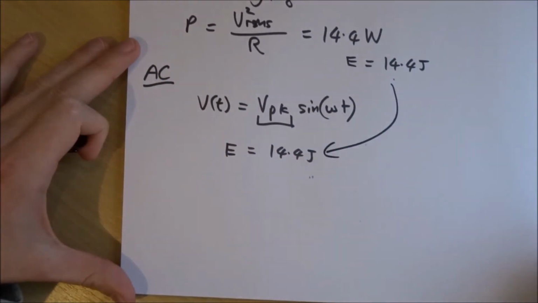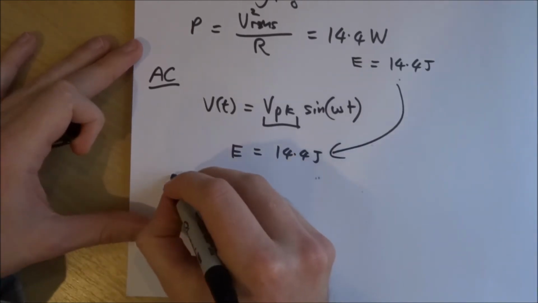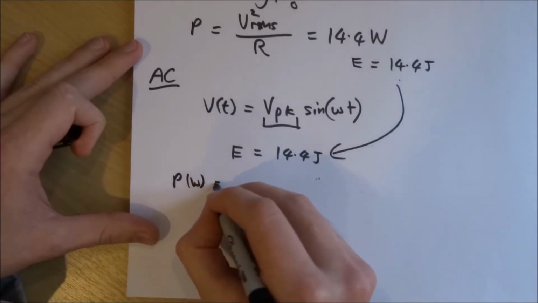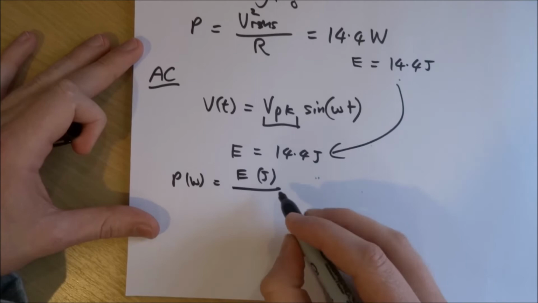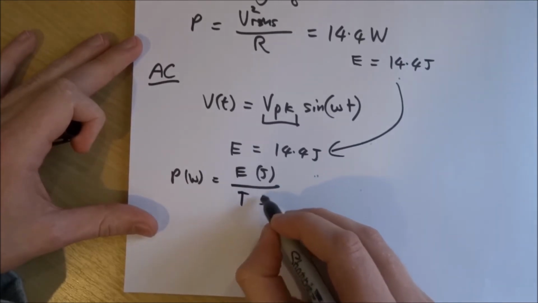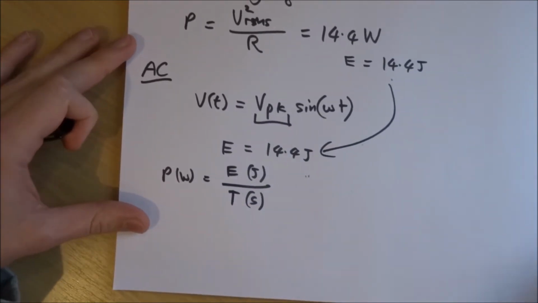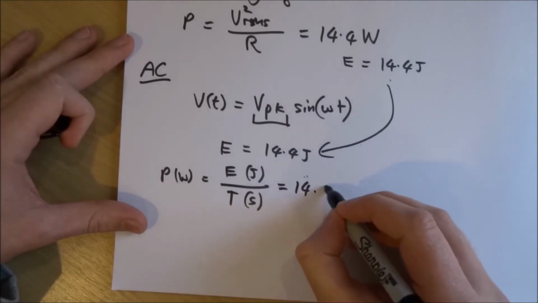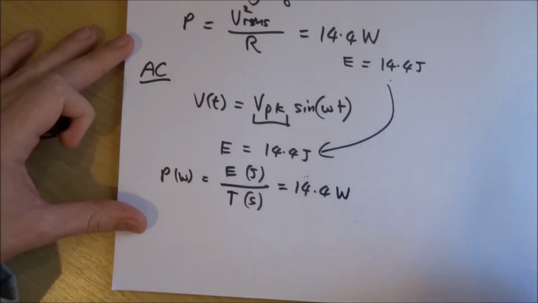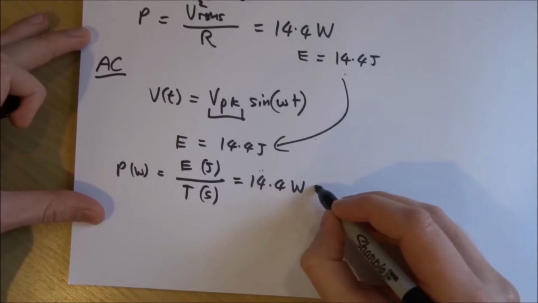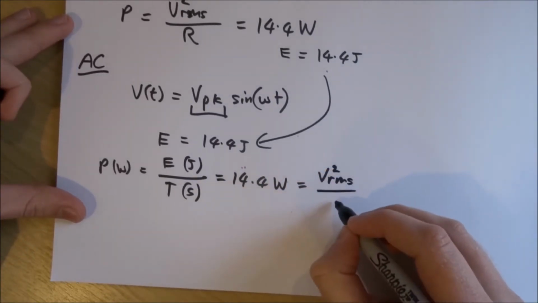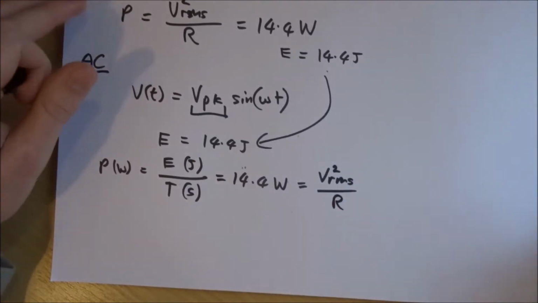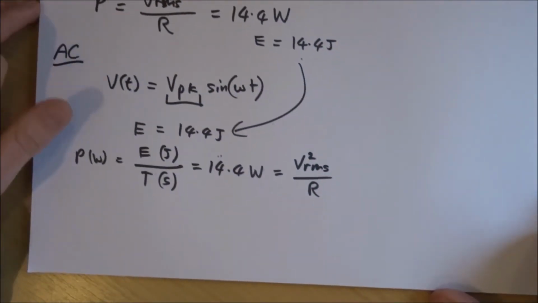That becomes our requirement. So again, we'd say that power in watts is equal to our energy in joules divided by our time in seconds, and that equals 14.4 watts. And that is going to be equal to the RMS voltage squared over our resistance, which is what we've just set up here.